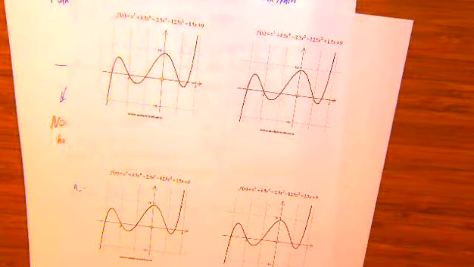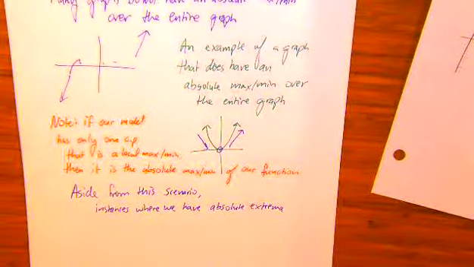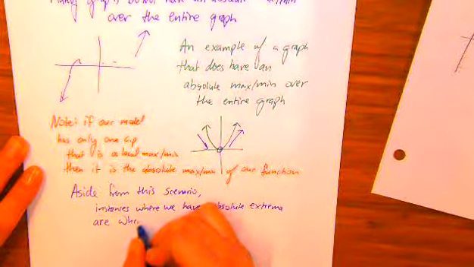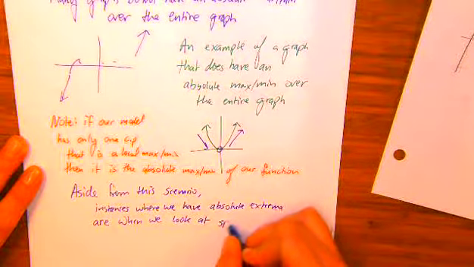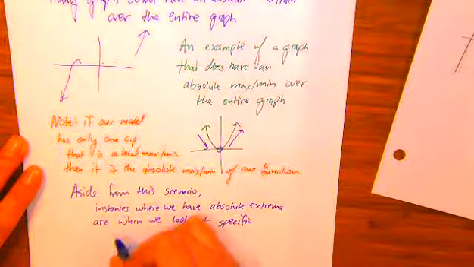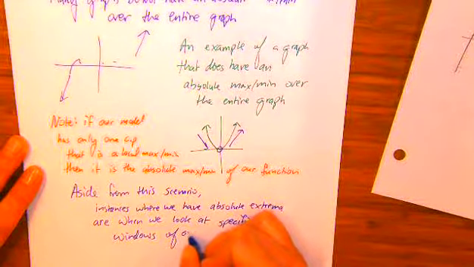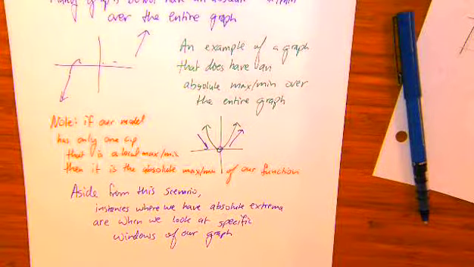So if we limit our graph, instances where we have absolute extrema are if we're only looking at specific windows of our graph. So this paper that I keep flipping through back and forth, I have copies for you all to walk you through that idea.